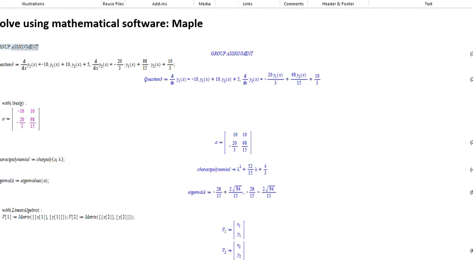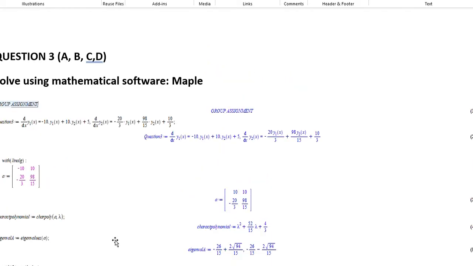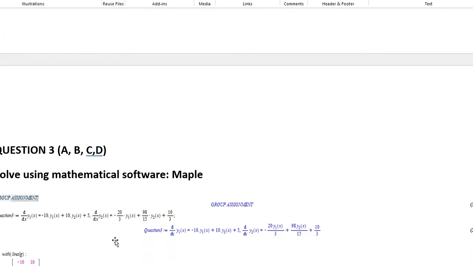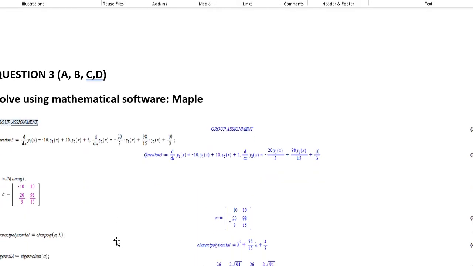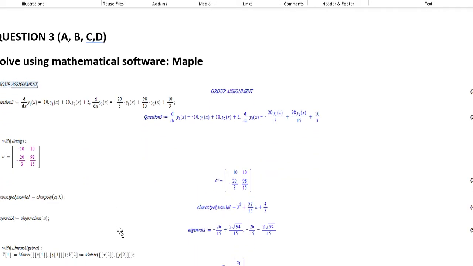So next, I'll be solving question 3 by using the mathematical software, which is Maple. Sorry, so I wrote back the question.